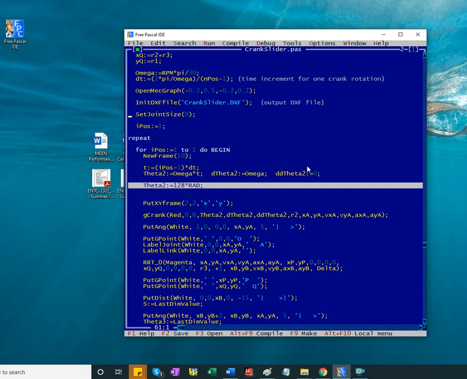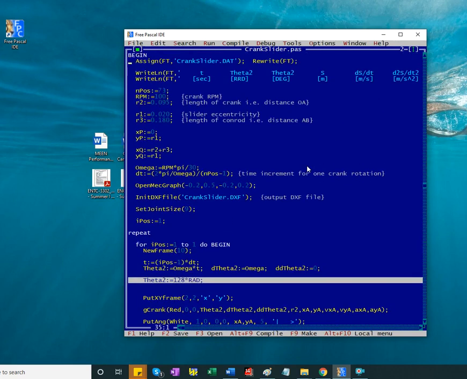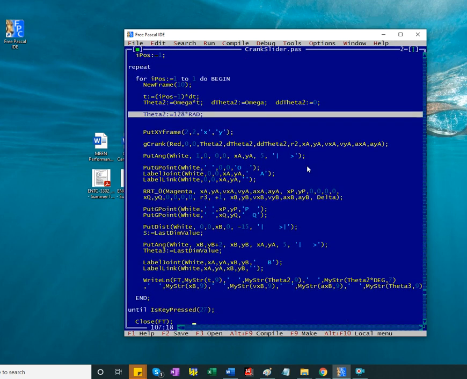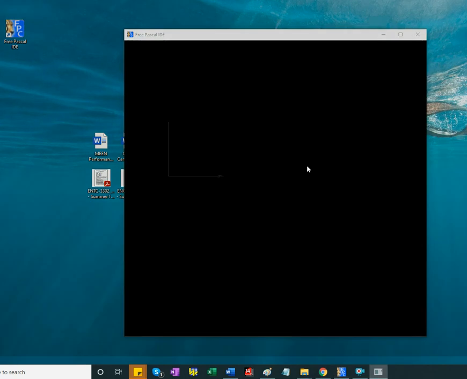Again, I changed it: you can either replace 73 with 1, or make it go from 1 to 1, just one iteration for the for loop. Then I want to go back to the put angle and explain it a little bit. This is put angle for the transmission angle.